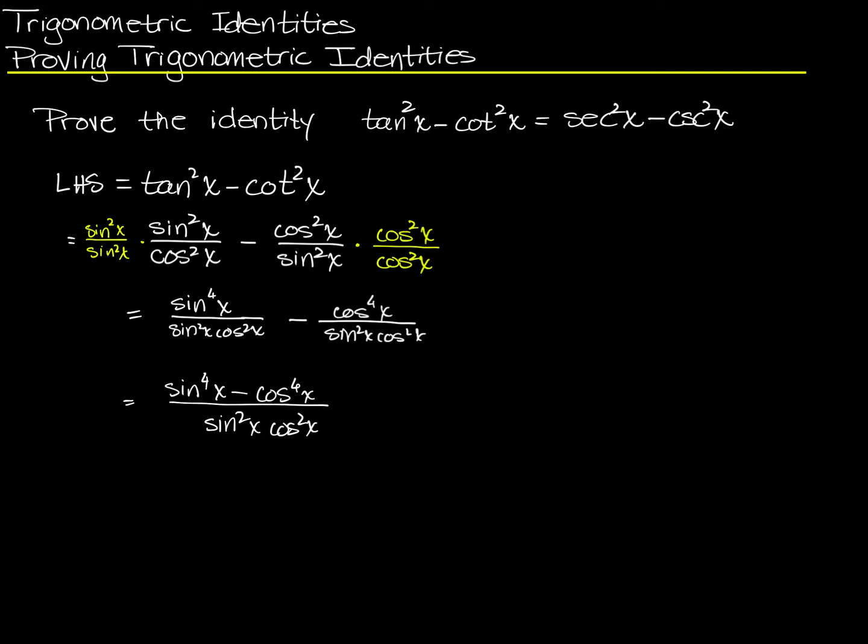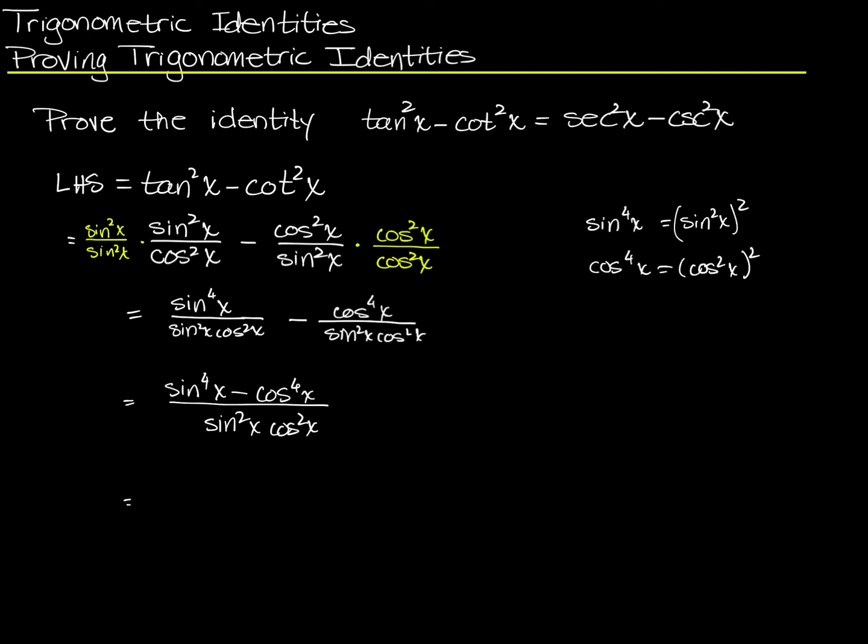Sometimes you have to play around with stuff, maybe off to the side, maybe on some scratch paper, but it won't always be obvious what the next step is, so you just kind of have to play around with it. Let's say for the moment that I want to play around with the idea that sine to the fourth of x is equal to the sine squared of x squared, and cosine to the fourth is the cosine squared squared.